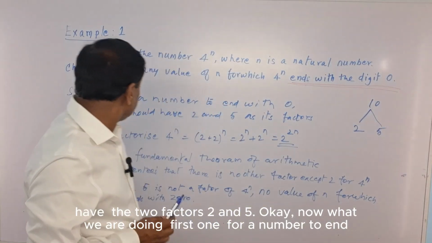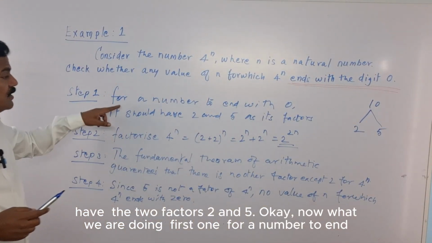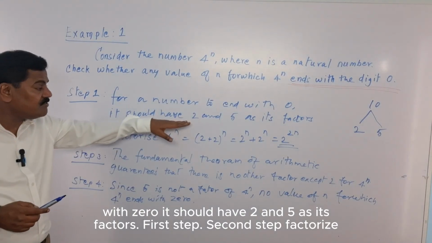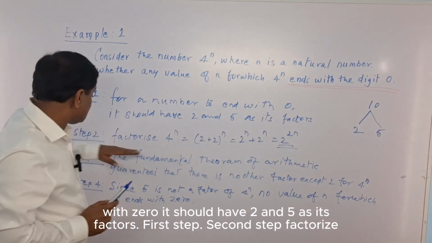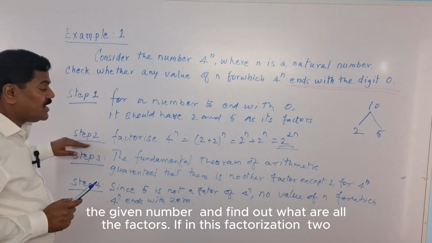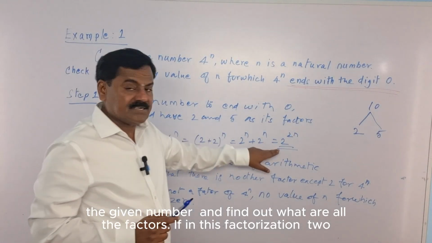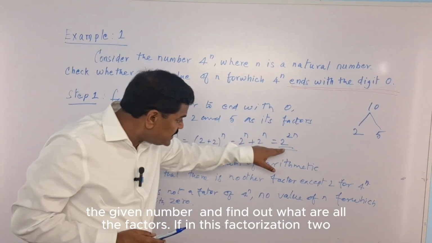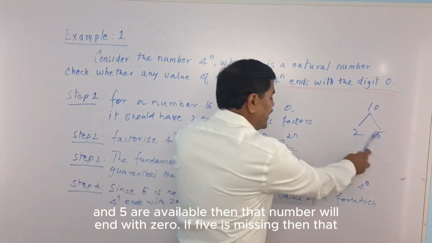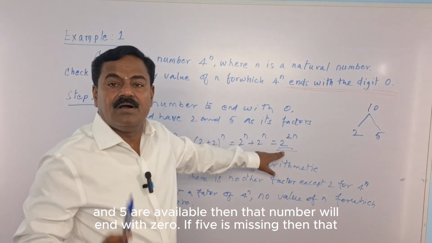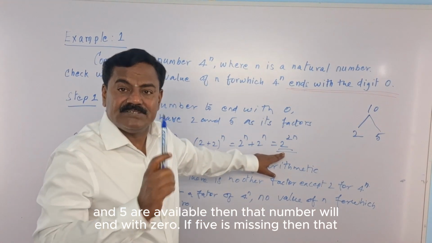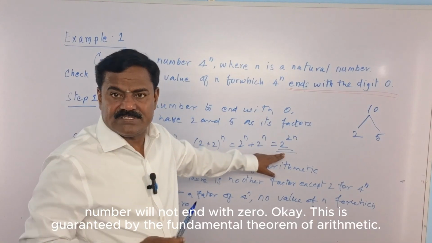First step: for a number to end with 0, it should have 2 and 5 as its factors. Second step: factorize the given number and find out all the factors. If 2 and 5 are both available in this factorization, then the number will end with 0. If 5 is missing, then the number will not end with 0.